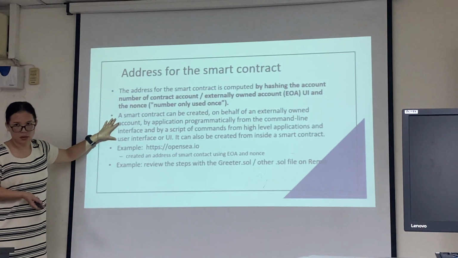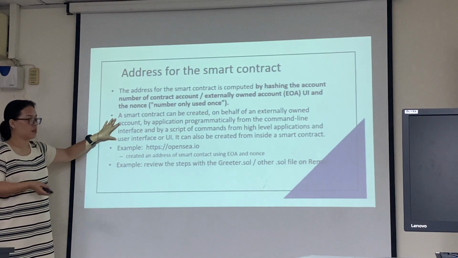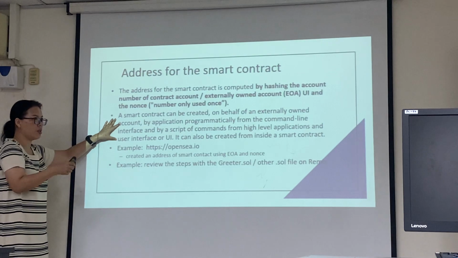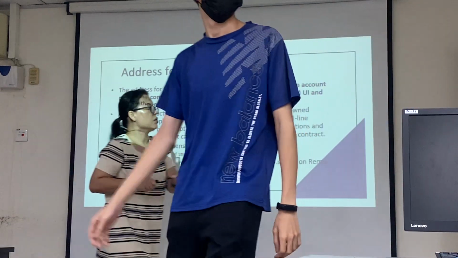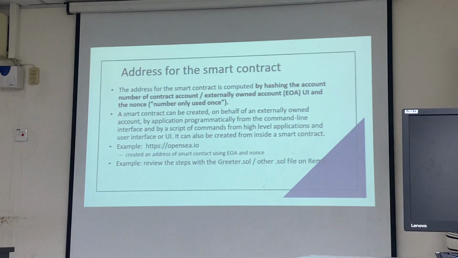So with this sentence, I wanted to tell you that if you have a smart contract, just now I mentioned this example, you can go and create another smart contract for your own use, using your high level application.